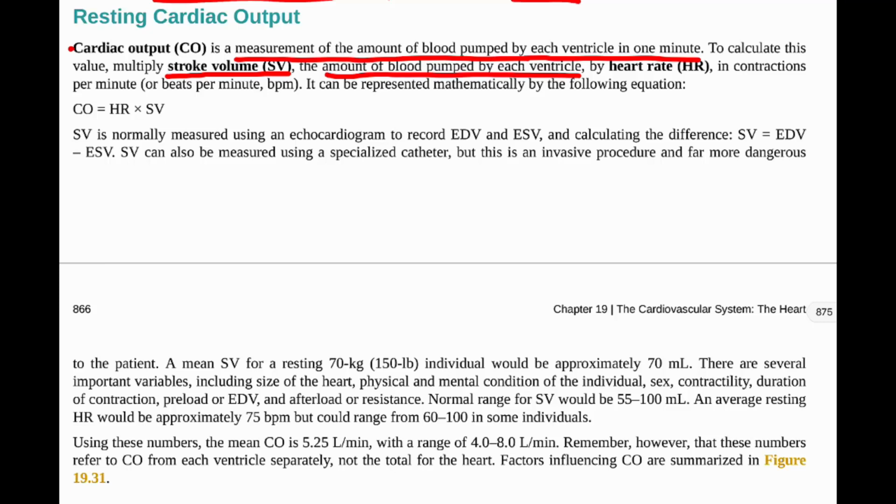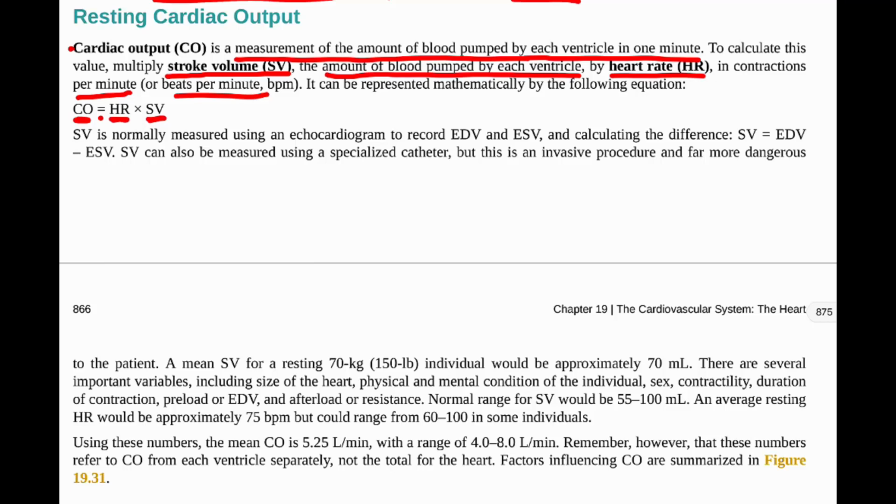So we take that stroke volume, how much volume is pushed out in one contraction, and multiply that by the heart rate: how many times is it doing that contraction, in contractions or beats per minute. So cardiac output equals heart rate, in beats per minute, times stroke volume, which gives us the amount of blood pumped in 1 minute's time.